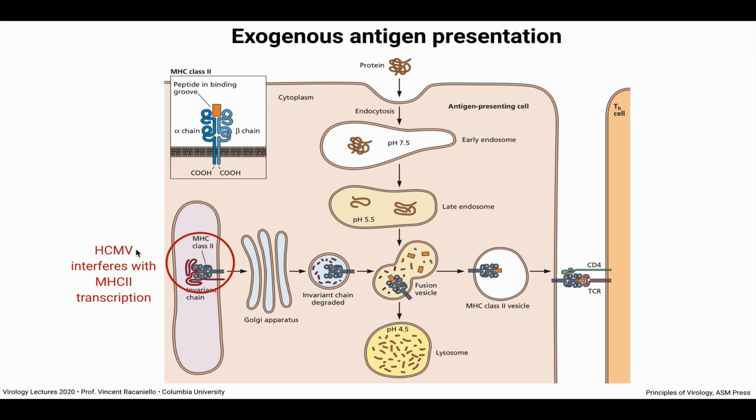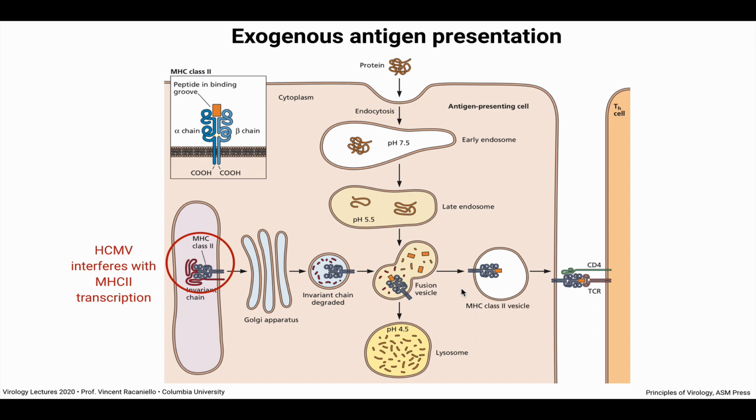Human cytomegalovirus interferes with the transcription of MHC class 2 molecules so they don't get displayed on the surface, and the cell will not be recognized as infected by virtue of not having a viral peptide for a T cell to react with. We'll see more examples of antigen presentation being interfered with in a bit.